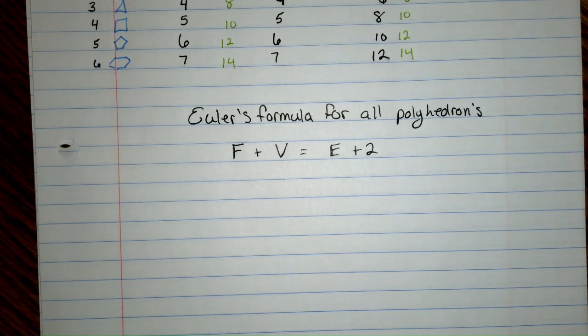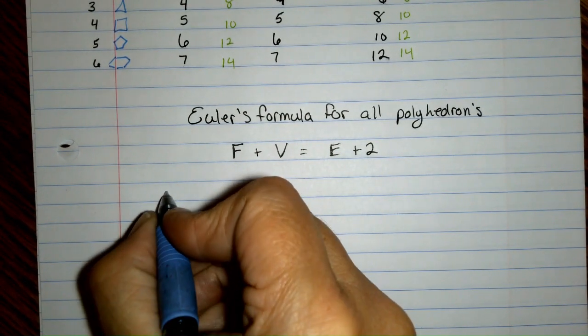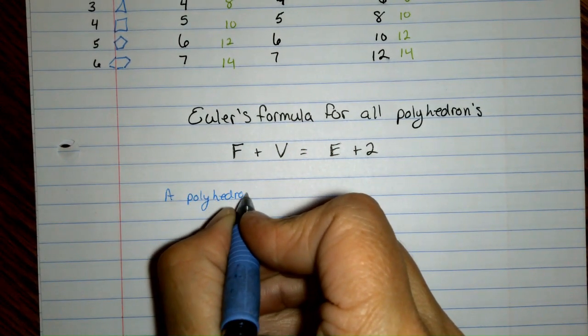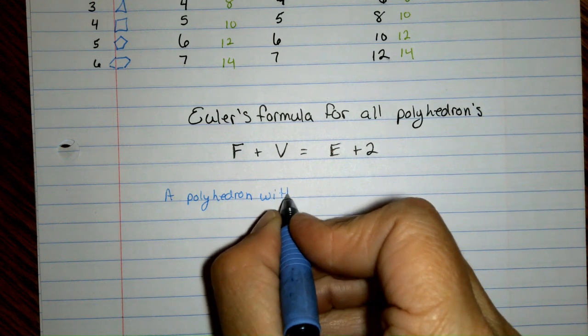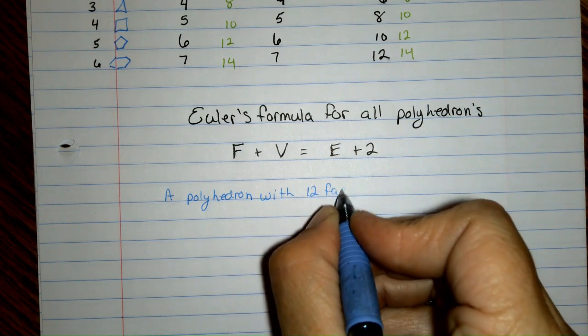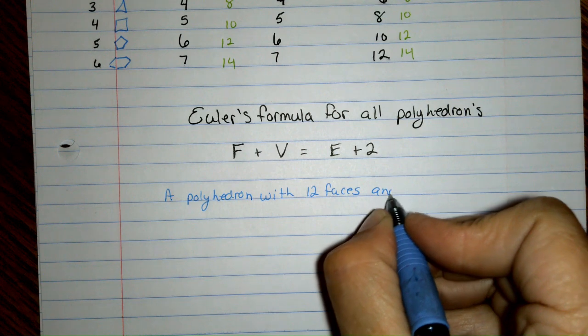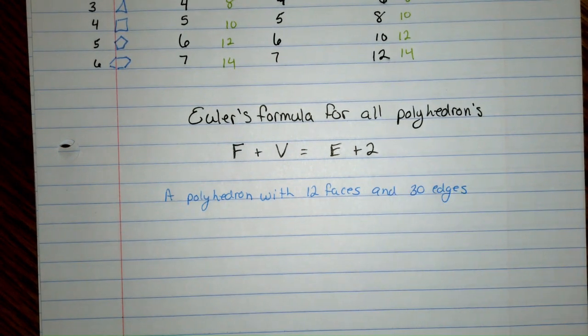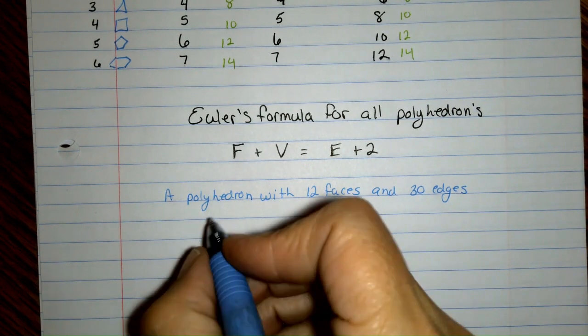Okay, so how could I use that? Well, you're going to make a polyhedron with 12 faces and 30 edges. I don't care whether this is a pyramid or a prism. I just want to know how many vertices.